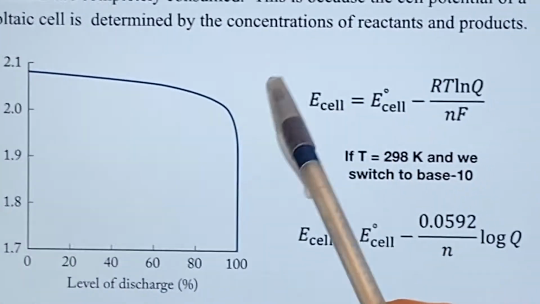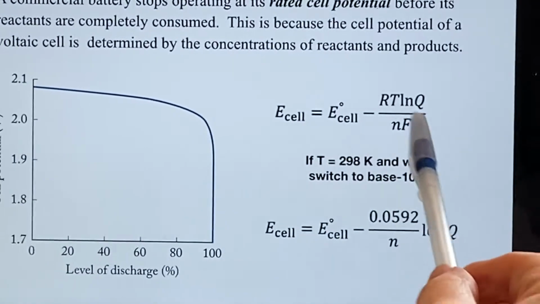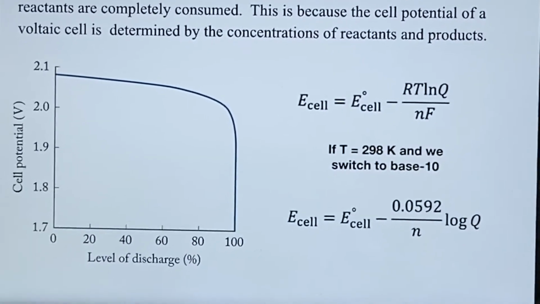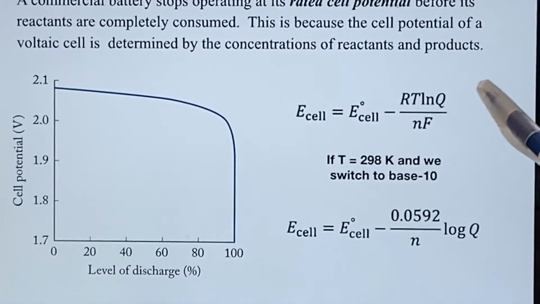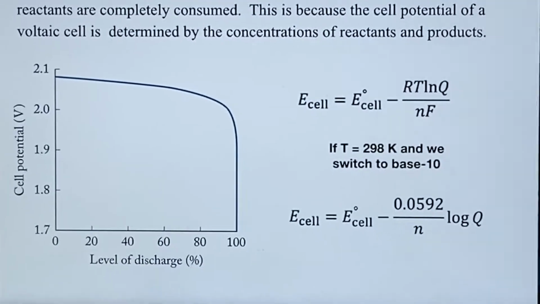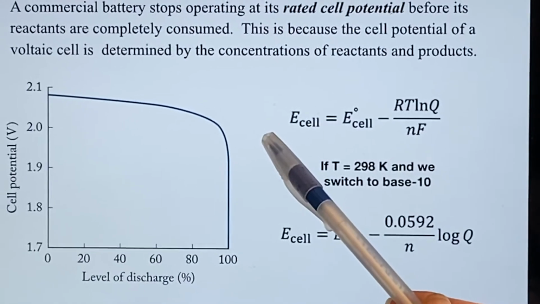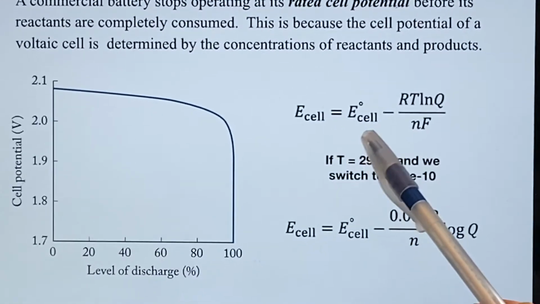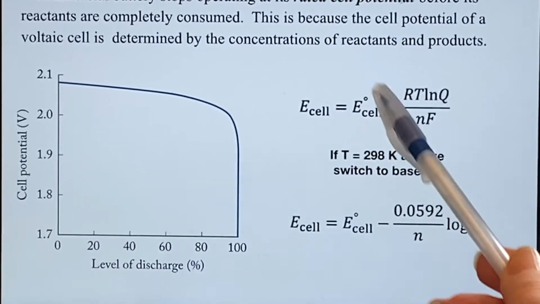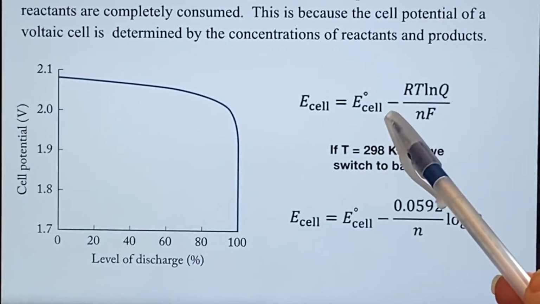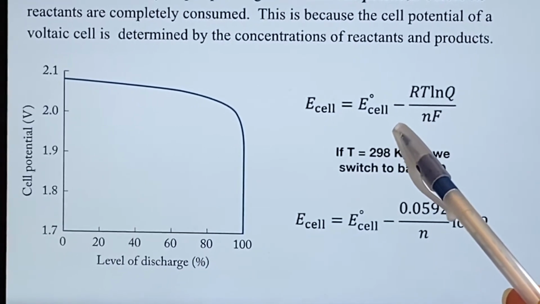And here's the formula that we're going to end up using, which we'll explain a little more later, because, whoa, where did all this stuff come from? The actual voltage that you see is based on the perfect voltage that it could have. It will be reduced by something. What's it reduced by?